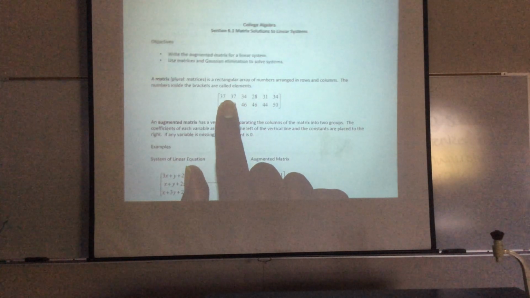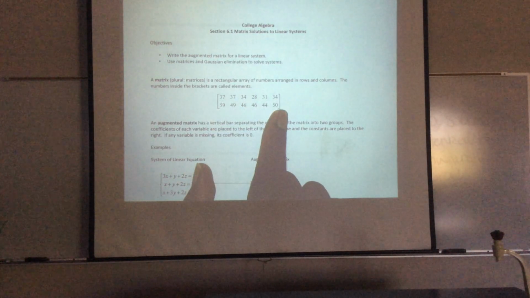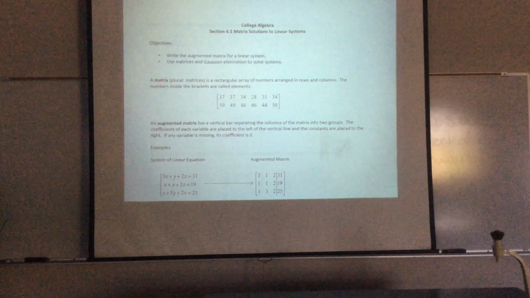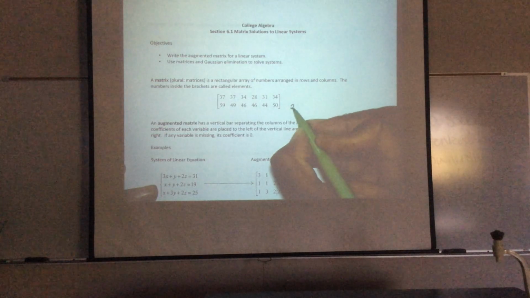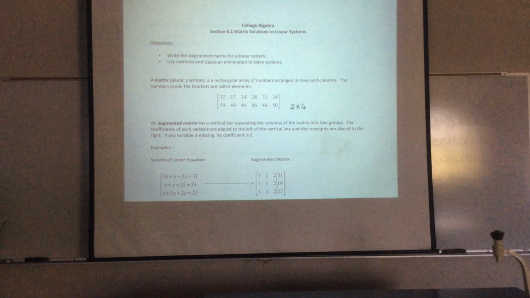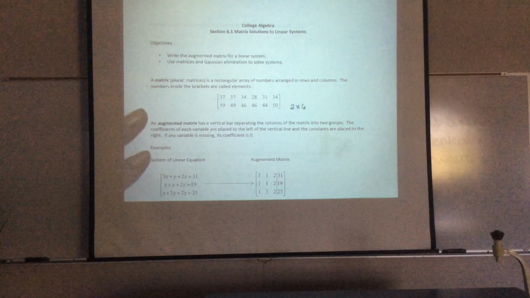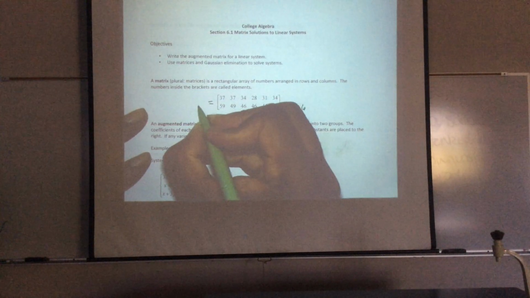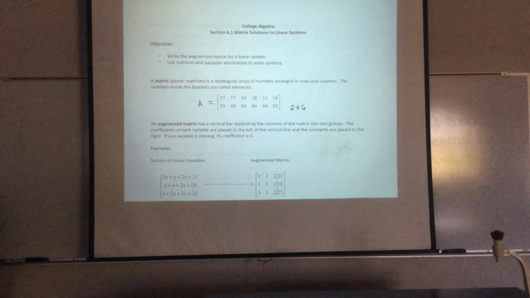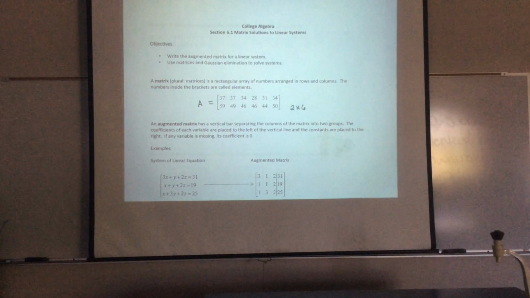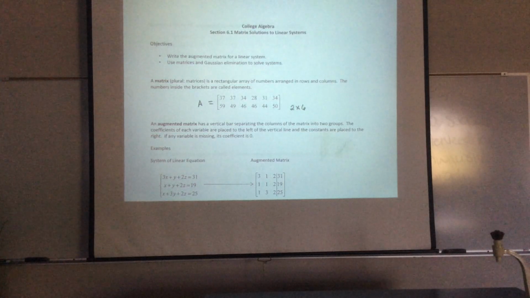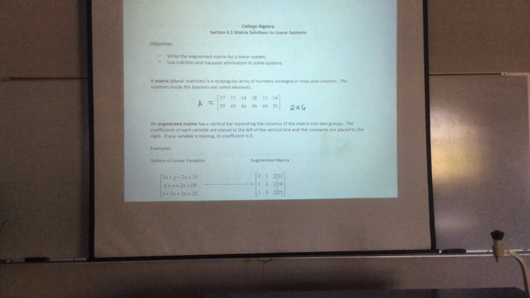Here we have, in this case, 2 rows and 6 columns, so we can call this a 2 by 6 matrix. In some cases, they use a capital letter to indicate a matrix. So here we can call this matrix A, and we can call it any capital letter that we want to. So that's what a matrix is and what it looks like.